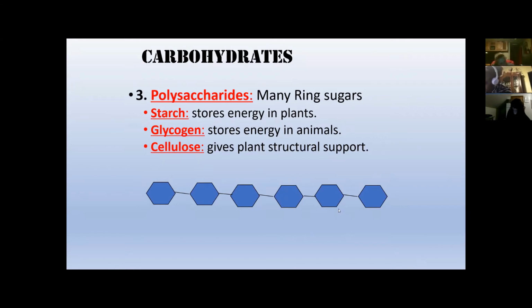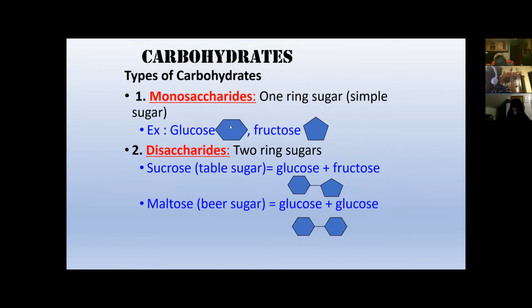And so you hear about glucose and fructose being very readily available energy. Part of that is because it doesn't take a lot of effort to turn these back into ATP, which is basically the energy currency of your mitochondria.